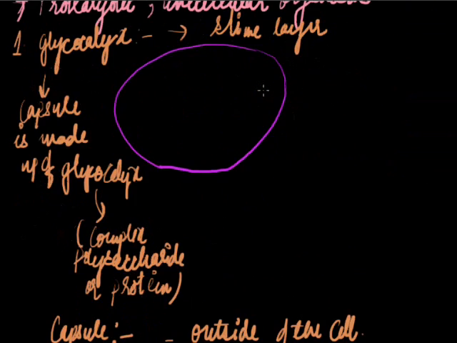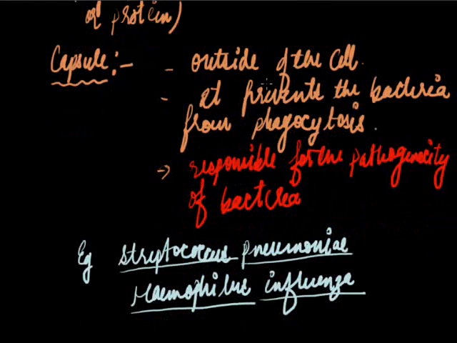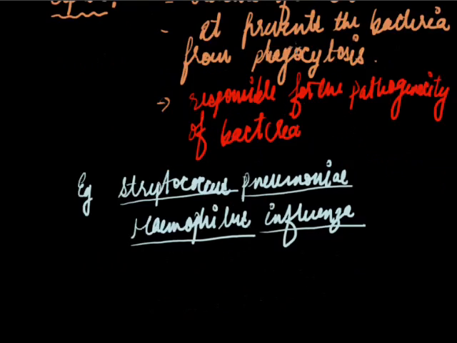So what is glycocalyx? It is the outer layer present outside the cell wall. It prevents the bacteria from phagocytosis and is responsible for the pathogenicity of bacteria. The examples are Streptococcus pneumoniae and Haemophilus influenzae.